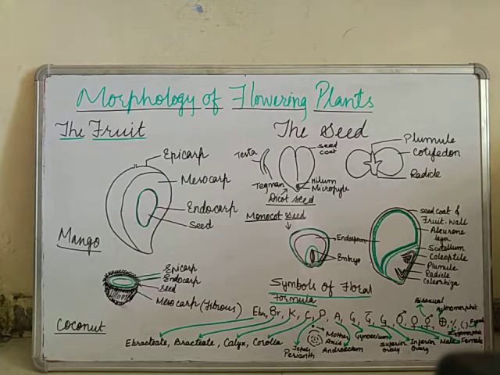A circle with a plus inside is for an actinomorphic flower, that means it shows radial symmetry. And if you see the sign of the percentage, then it is for a zygomorphic flower, and it shows only bilateral symmetry.